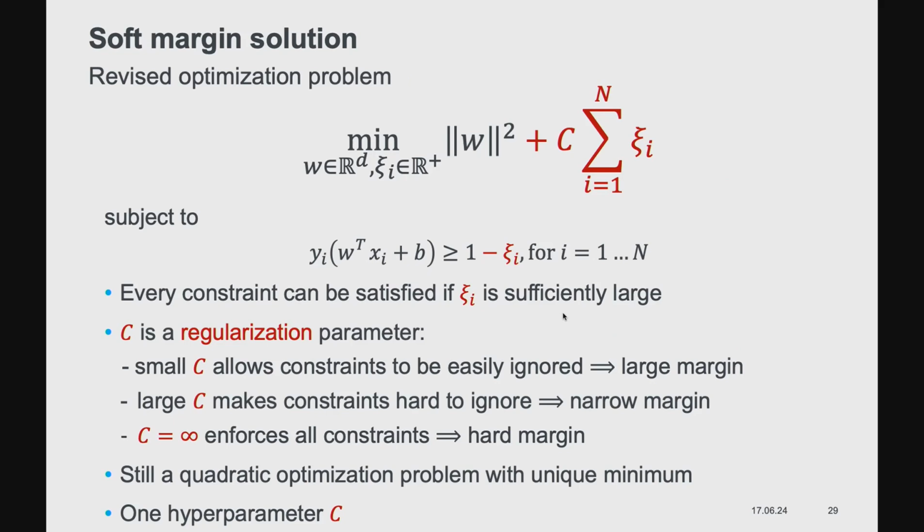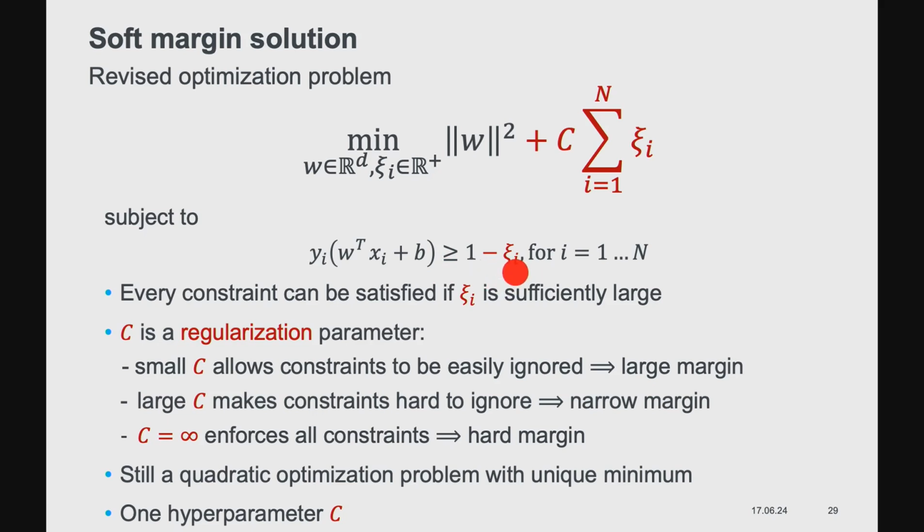So now what we want to achieve, to do this trade-off between maximum margin and misclassification, we still have the same objective of minimizing the size of this vector W squared under this condition, but we allow that the constraint is not just larger than 1, but it's larger than 1 minus the slack variable.